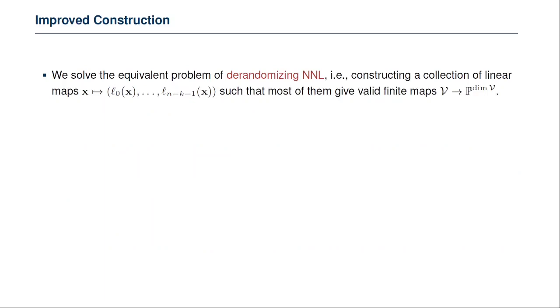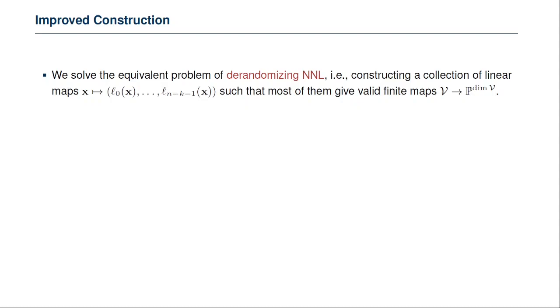Now I give an improved construction that has polynomial size as long as the degree d is bounded, regardless of the dimension k. And this is achieved by solving the equivalent problem of de-randomizing the Noether normalization lemma, which I mentioned before.